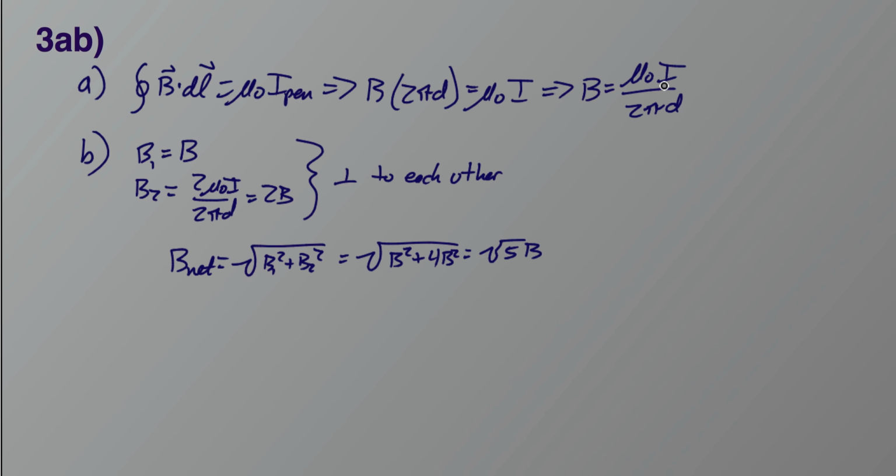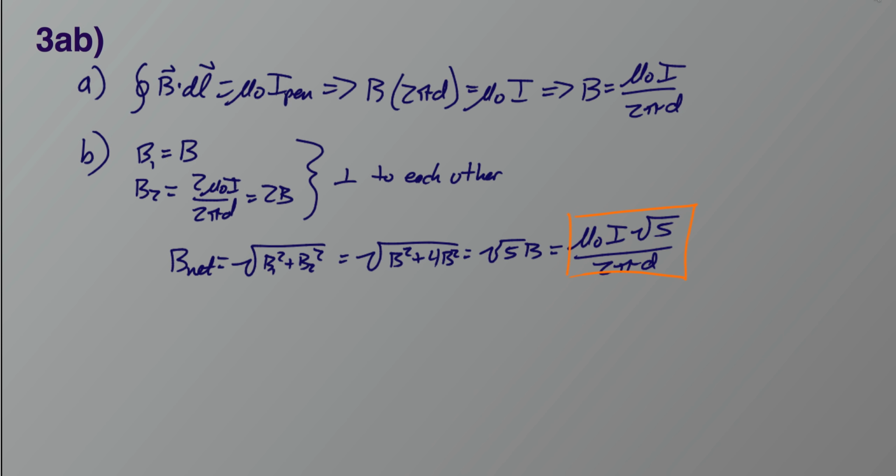And again, if b is mu naught I over 2 pi d, this becomes mu naught I square root of 5 over 2 pi d. So that's how I would do part B.